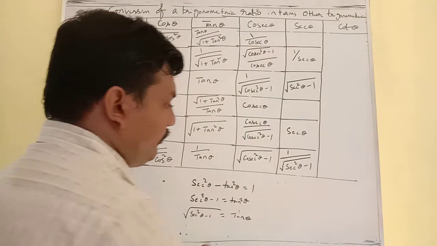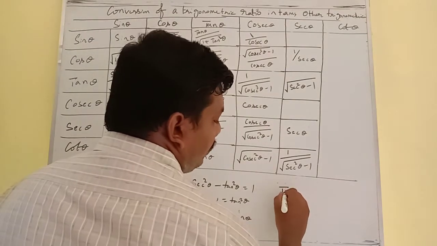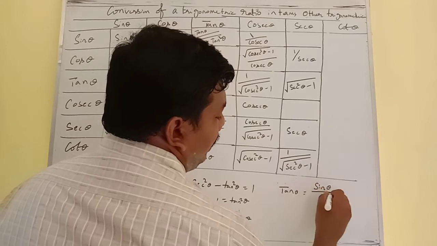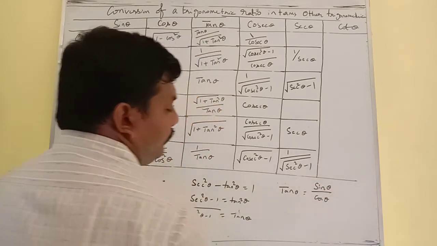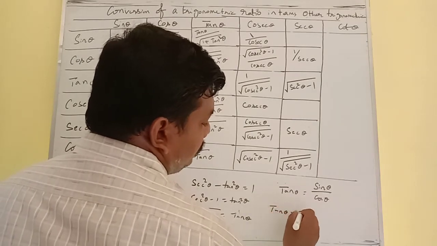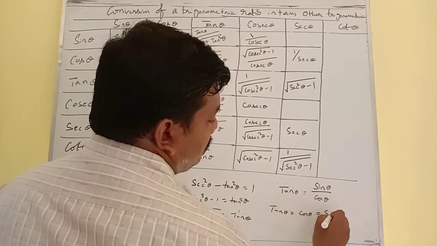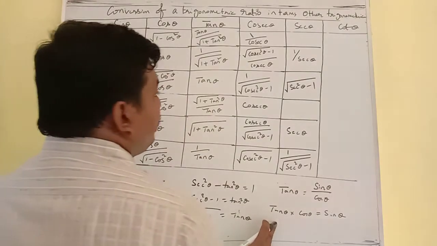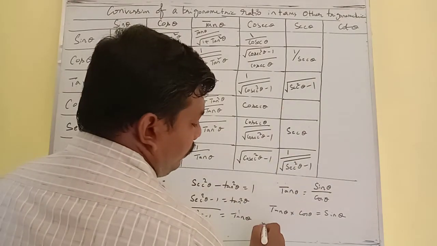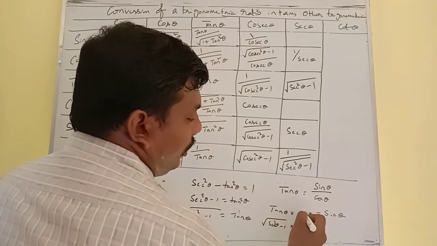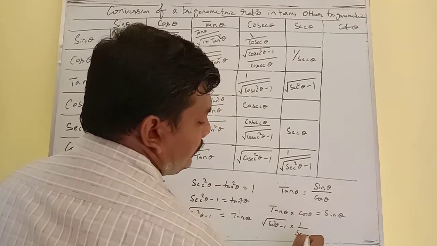So we know sin theta, very simple. Tan theta is equal to sin theta by cos theta. Now this is tan theta into cos theta, that is equal to sin theta. What is tan theta value? Tan theta is root of secant square theta minus 1, into cos theta, which is 1 by secant theta.